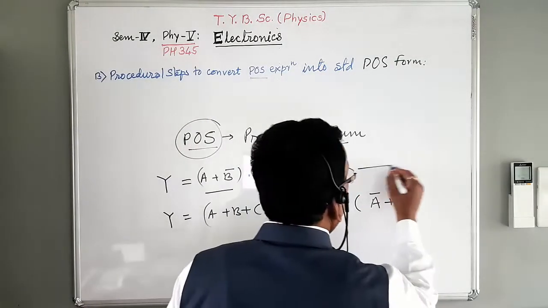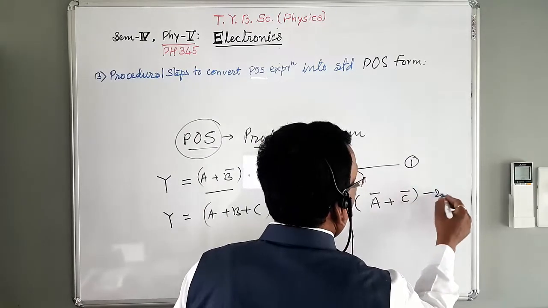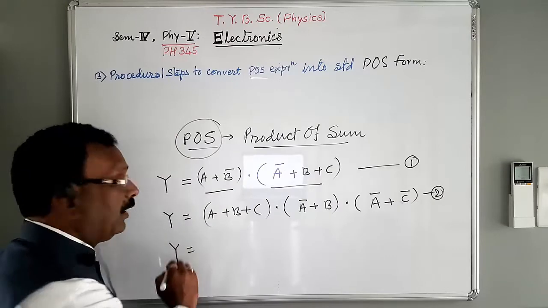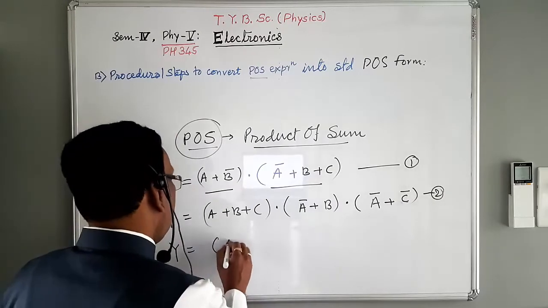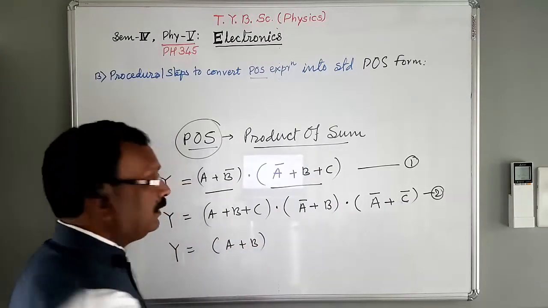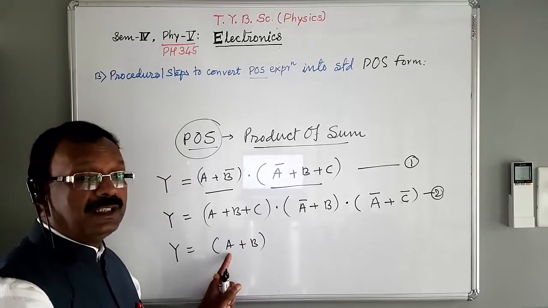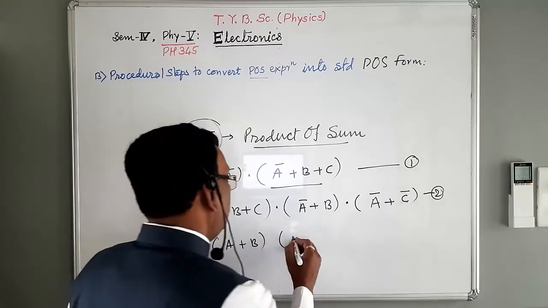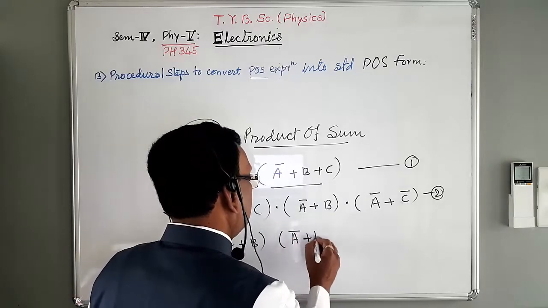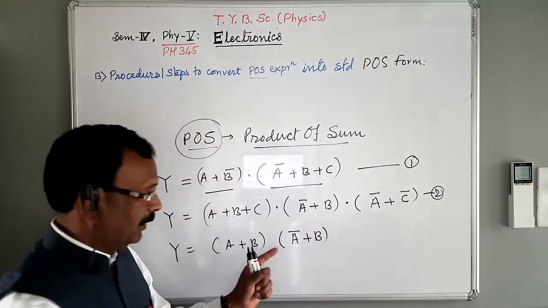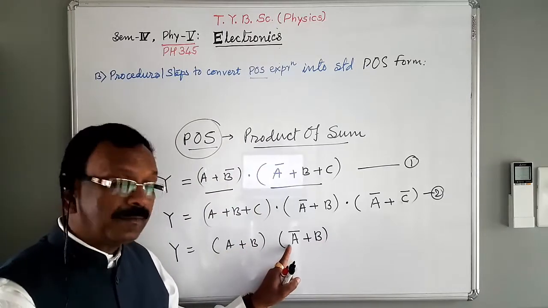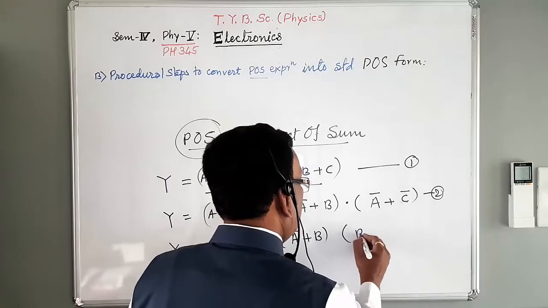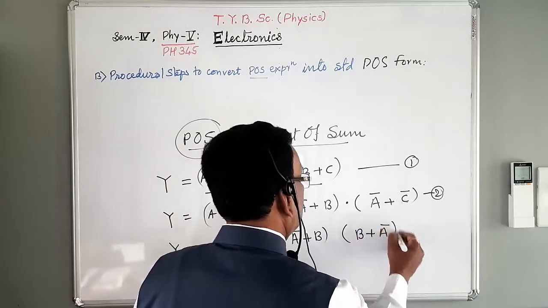Suppose this is expression number 1. This is expression number 2. We can consider one more example. Suppose A plus B is the sum term, which is the sum of two inputs A and B. Consider another term, A bar plus B. Consider another term, B plus A bar.